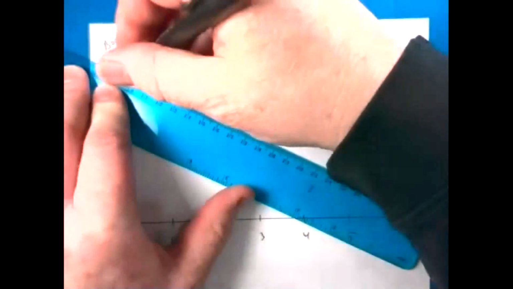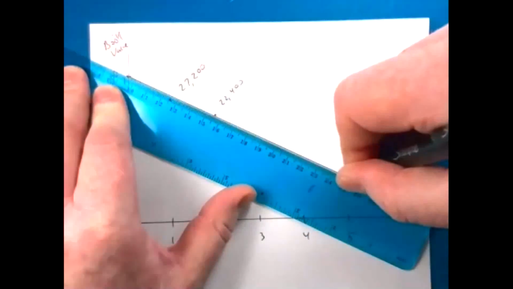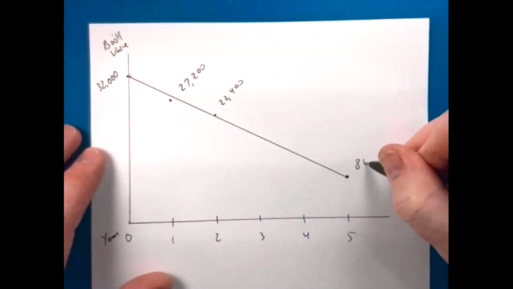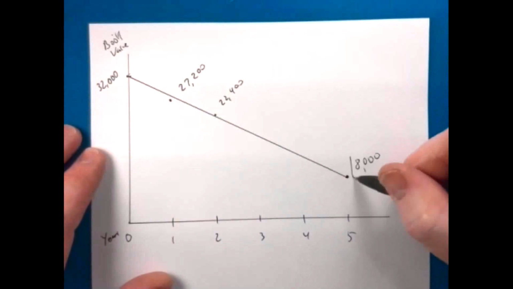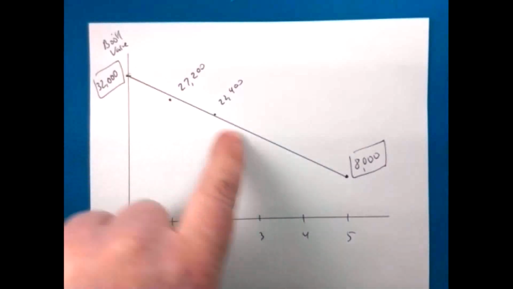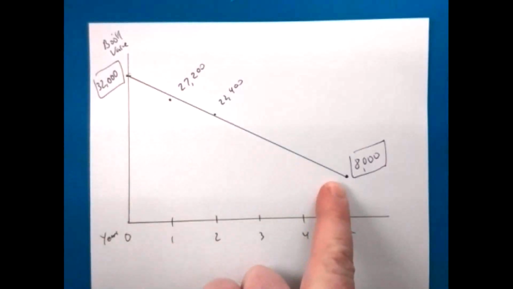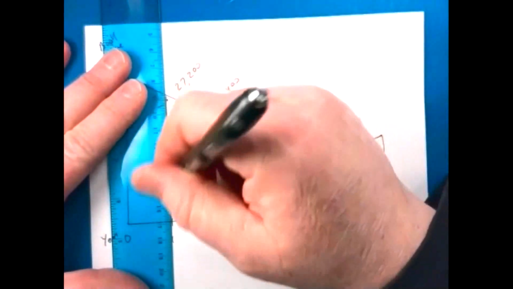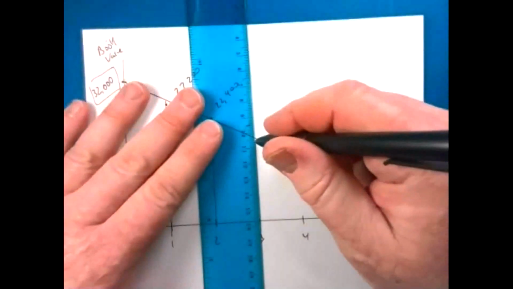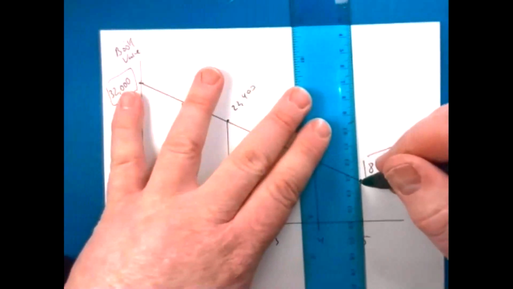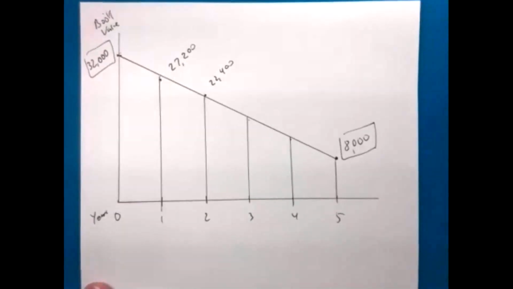You don't line up, but you get the idea. It's going to go down in a straight line until, if it gets down here, this will be 8,000. So it goes from 32,000, and it'll go down the same amount every year. Every year it'll decrease by 4,800 until it gets down to whatever. So if you were to chart out the book value, it would be a straight line.